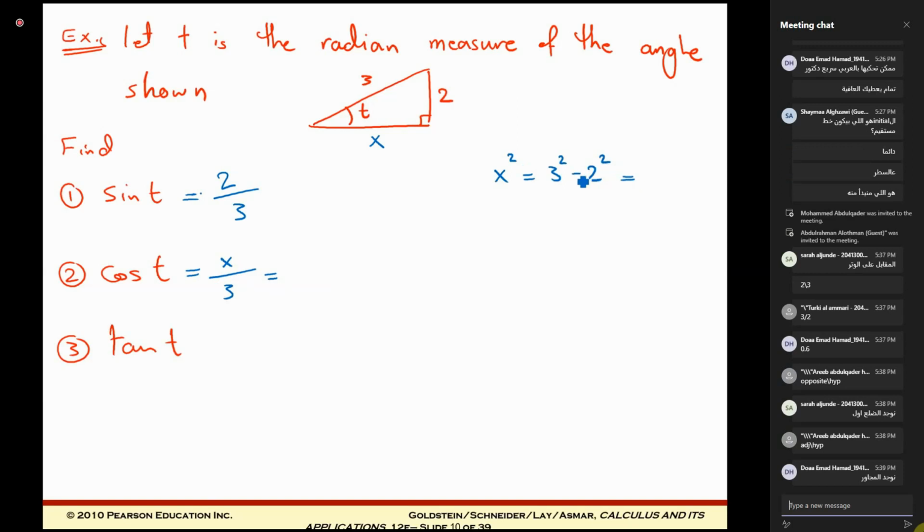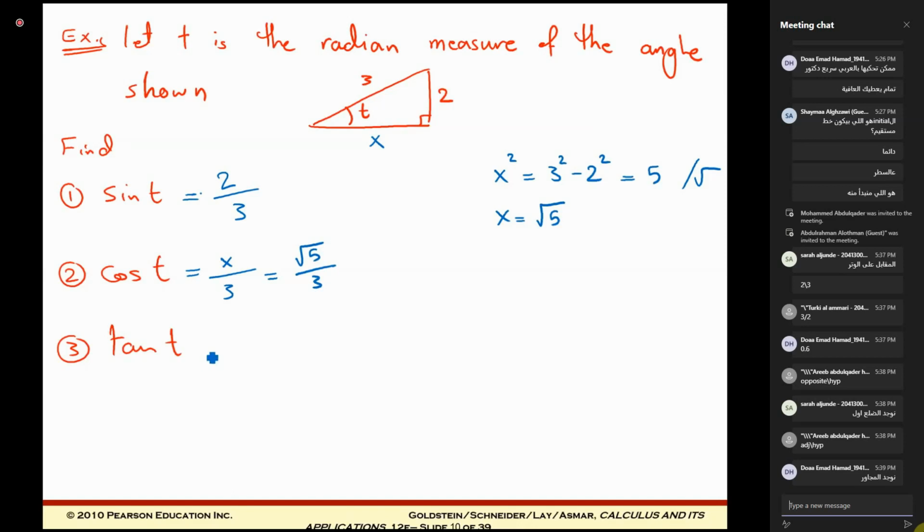So this equals 9 minus 4, which is 5. Take the radical. So x equals radical 5, we don't take the minus because this is a length. So cosine is radical 5 over 3.